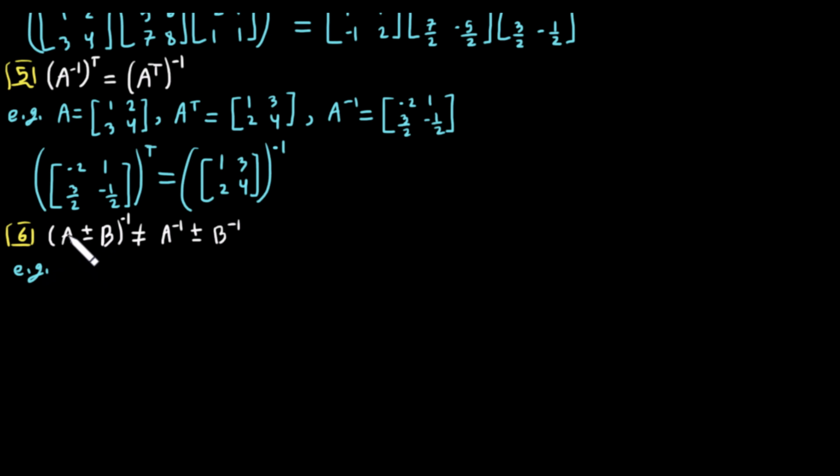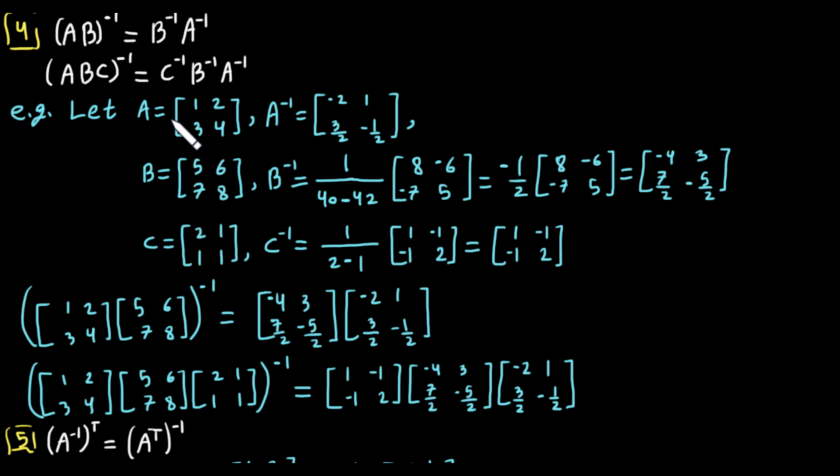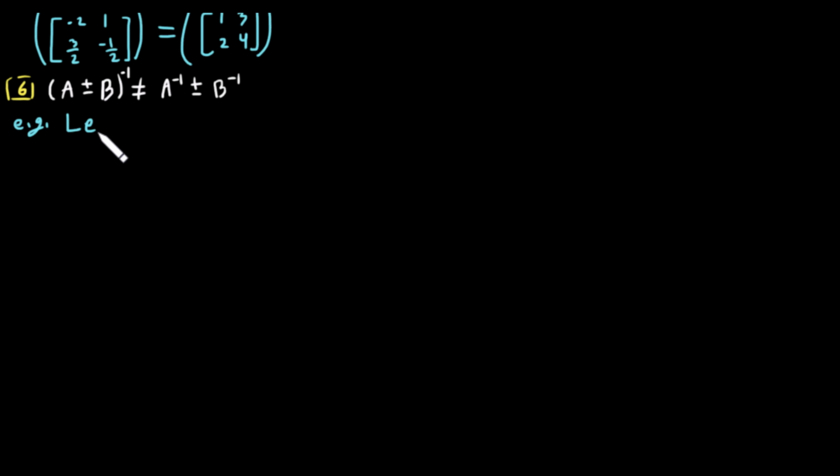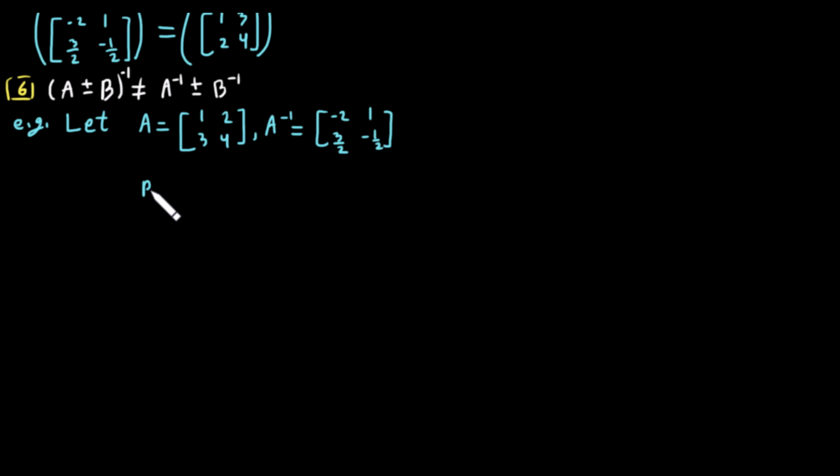I will write A and B as we did here, A, B. I will speed it up to write A and B. So let's write this one here.